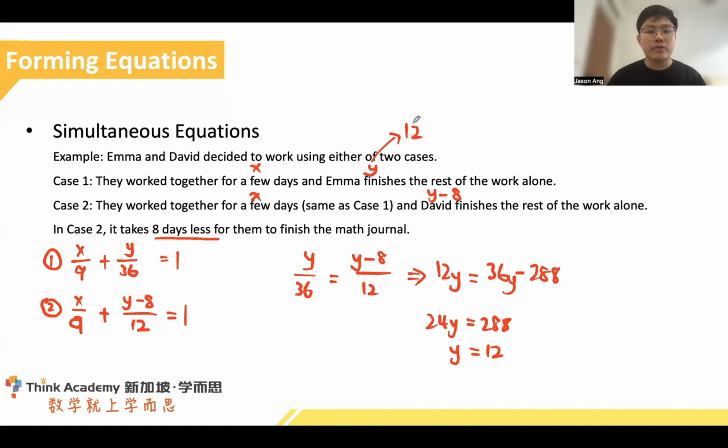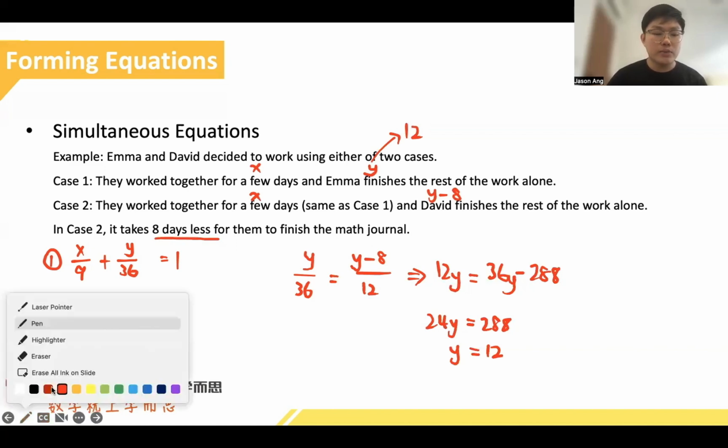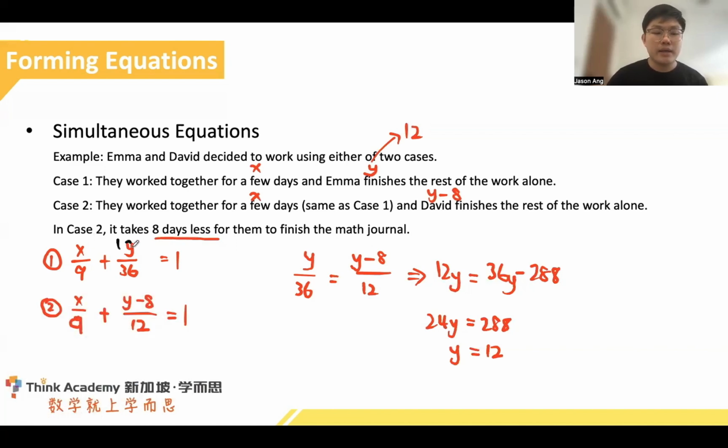Now that we know that Y equals 12, we can use this information and substitute back into our earlier equation. Since we know that Y equals 12, we can start to replace the value here. 12 over 36 is 1/3. This section here has to represent 2/3. So X over 9 representing 2/3 is the same as X over 9 representing 6 over 9.